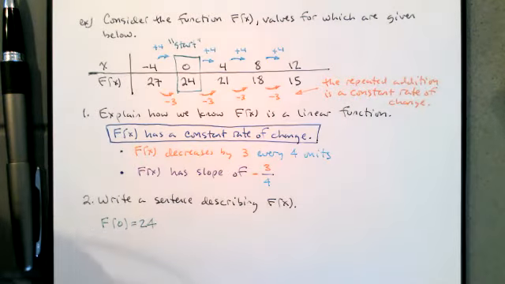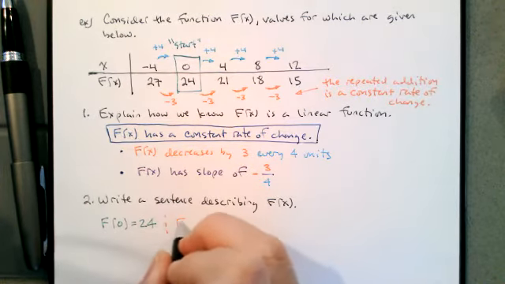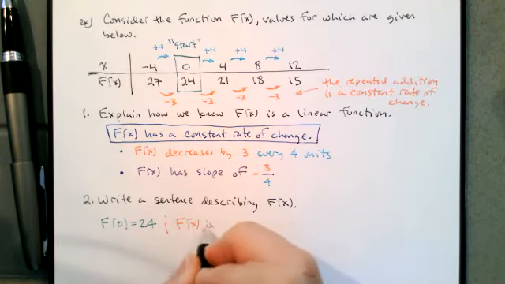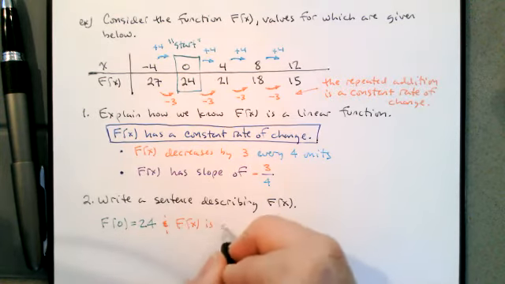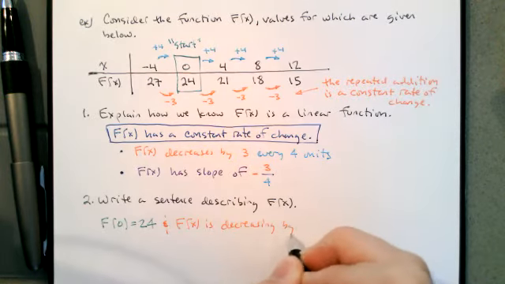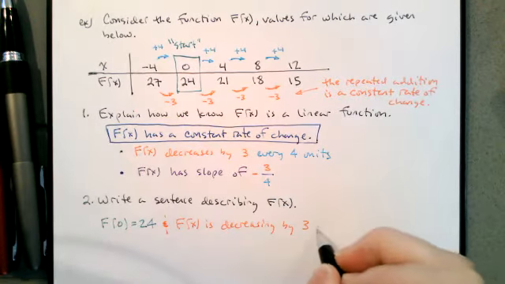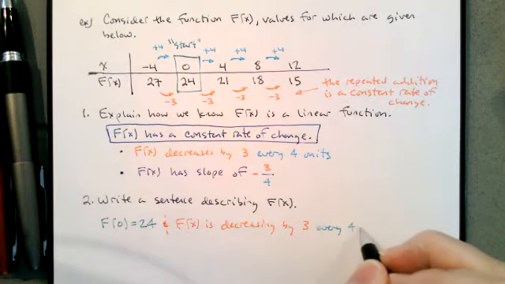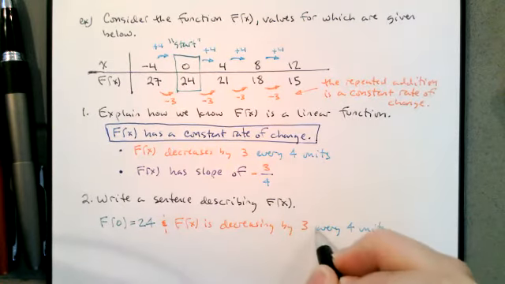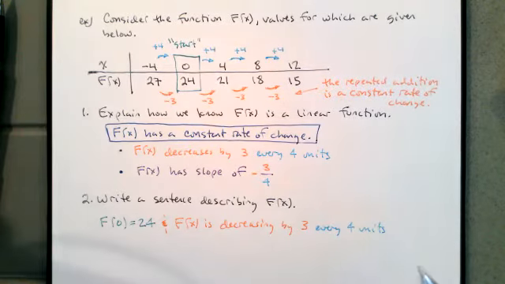So give your reader a place to start, and then describe what's going on. Say f of x is decreasing by 3 every 4 units.